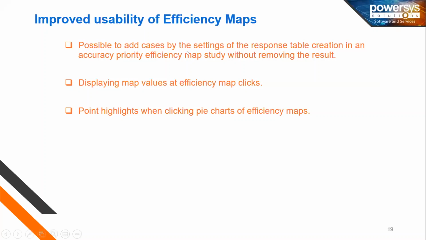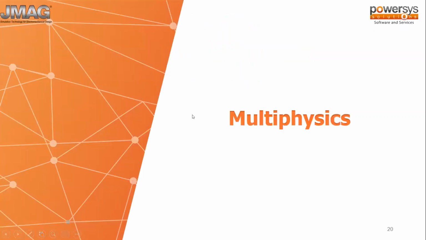Whatever parameters we want to set with the help of response table creation, we can set. And with the help of pie charts, we can highlight the efficiency map. The entire loss distribution can be easily known with the pie charts. So these are all the improved usabilities of the efficiency map in version 21 regarding accuracy priority mode and how loss distribution is shown with the help of the pie charts.